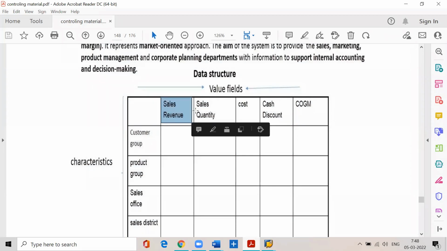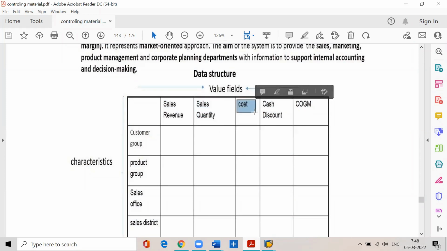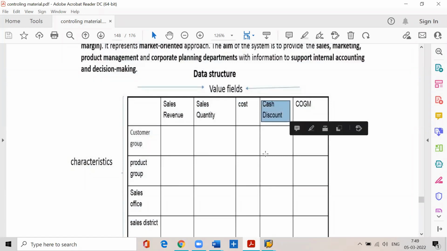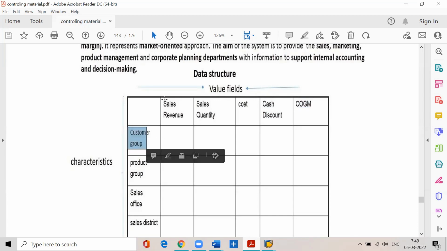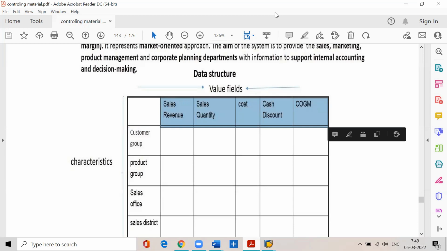The management wants to know what is the total sales quantity. What is the total cost of manufacture for each customer group. Then what is the cash discount available by every customer group. Then what is the cost of goods manufactured for every customer group. So for each customer group, the management wants to know these values. This is called analysis of profits.